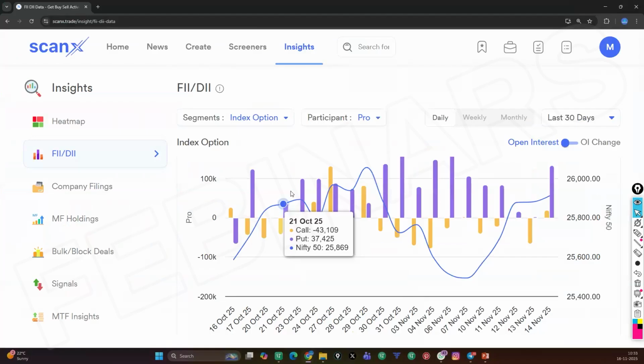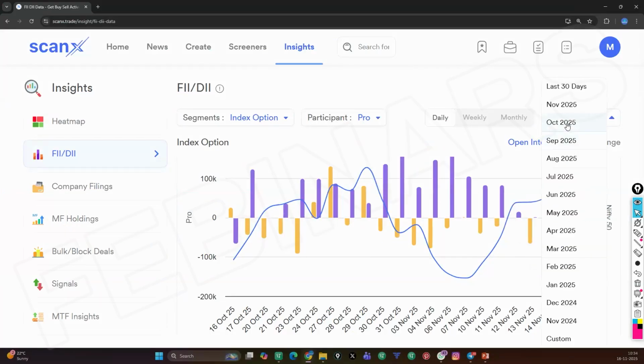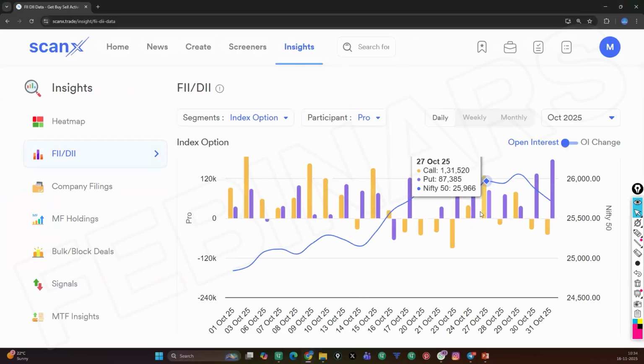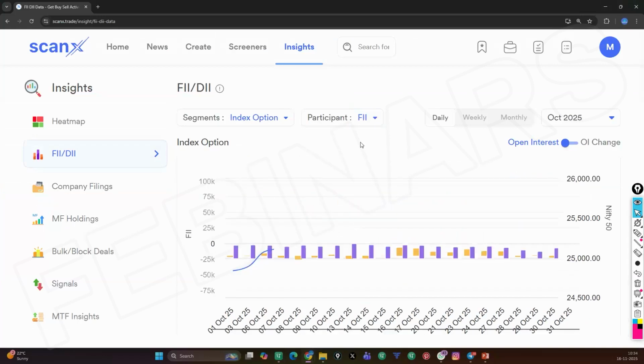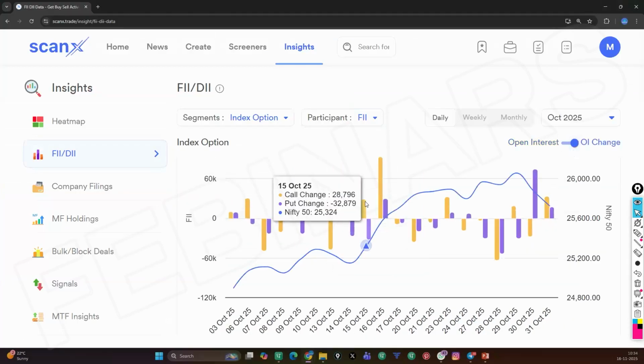On the Scanex website, go to October. What is the date? October 15th. What is happening on October 15th? Let's check. We need to go to the FIIs, and October 15th.